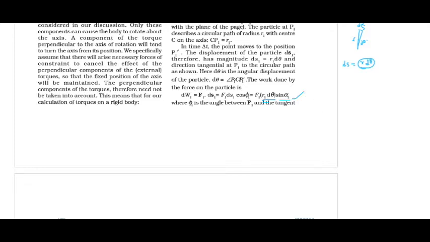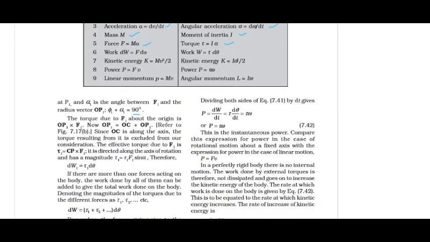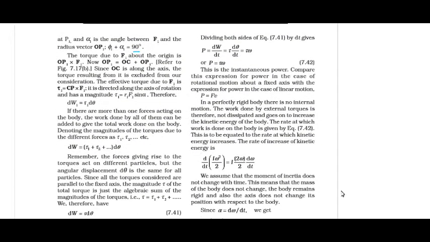Now let us move forward. The torque due to F1 about the origin, OP1 cross F1. Now OP1 we can write as OC plus CP1.